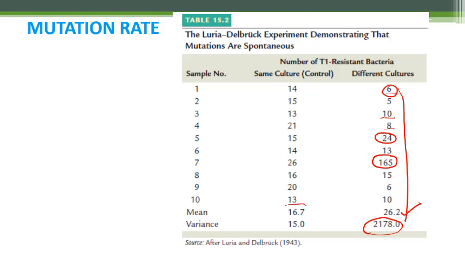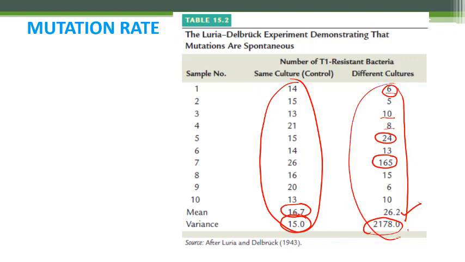Whereas in the control experiment, the mean is 16.7 and the standard deviation is only 15, which is quite near. We have the same number of cells in these resistant colonies in the Petri plates taken from the large flask because that was a homogeneous mixture containing the same number of cells, whereas the others are independent cultures.